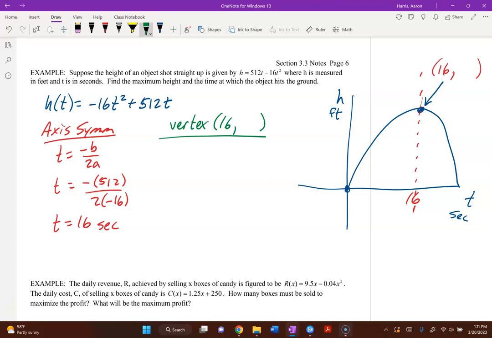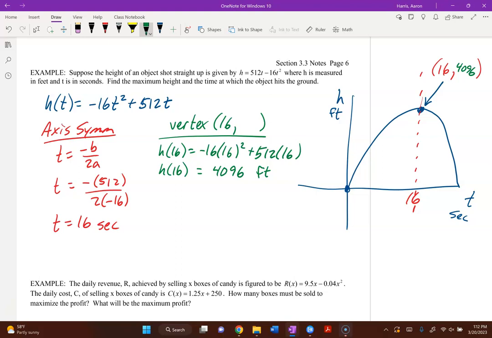Let's find the actual height. So 4,096, if you punch that in, go ahead and punch that in. Negative 16 times 16 squared plus 512 times 16.